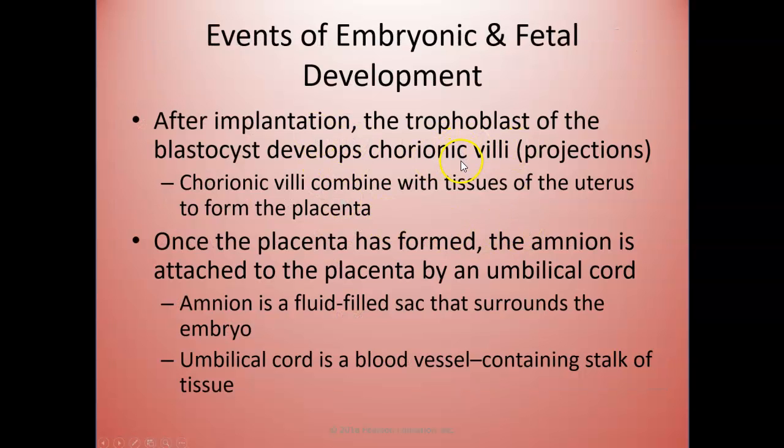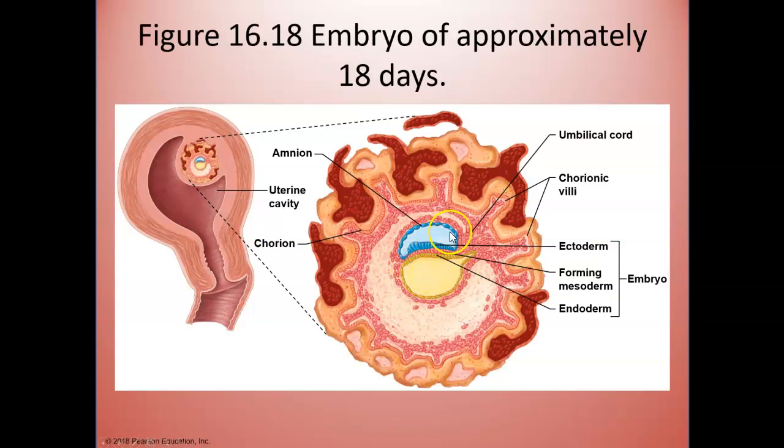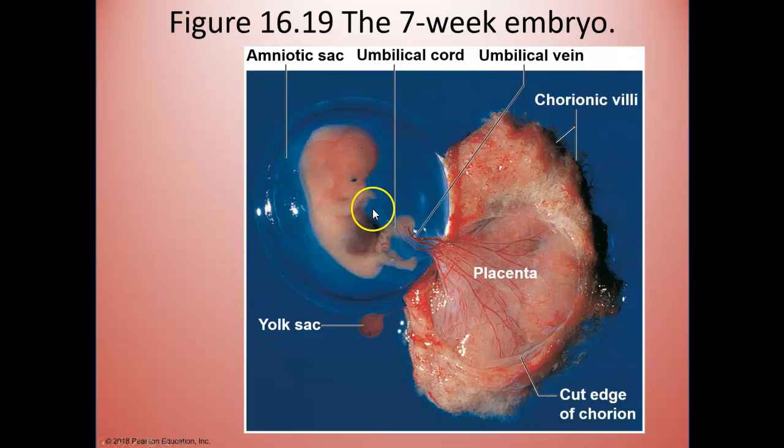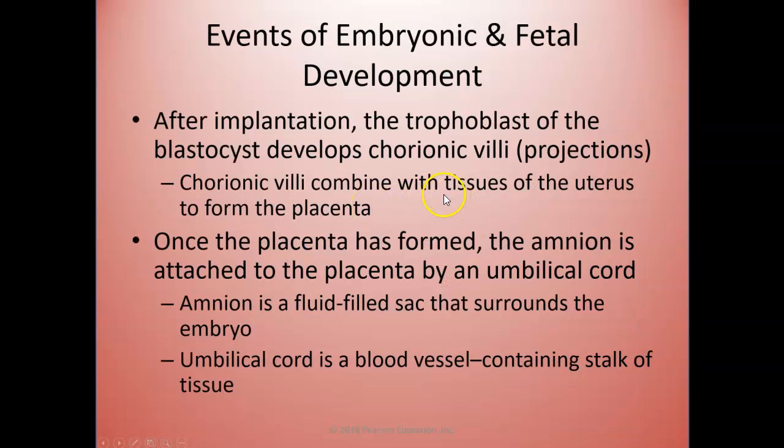After implantation, the trophoblast develops, as we just mentioned, as chorionic villi. They combine with tissues of the uterus to form the placenta. And then the amnion, which is this fluid around which the ectoderm, mesoderm, and endoderm are attached, is attached to the placenta by an umbilical cord.